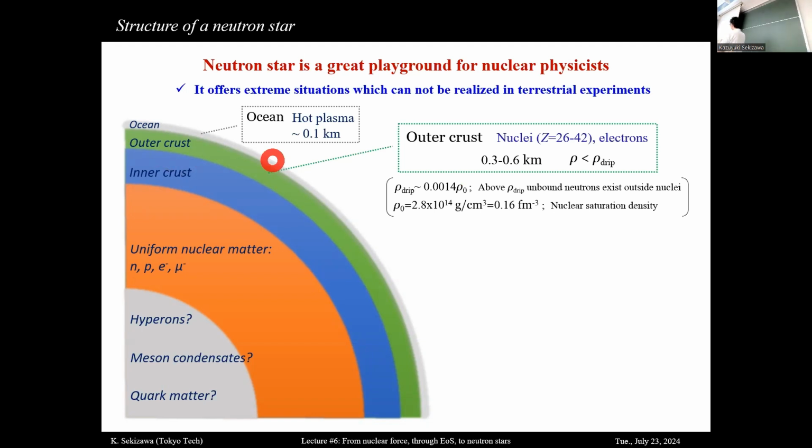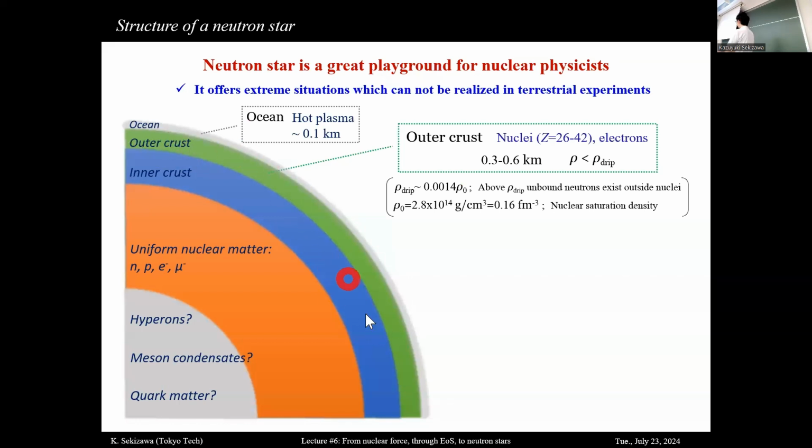And as we go from the surface to the bottom layer of the outer crust, the density increases. And with the density, the electrons' chemical potential increases. So energetically, at some point, the system, I mean this neutron star, prefers to convert these electrons to be captured by protons, and the number of neutrons increases.